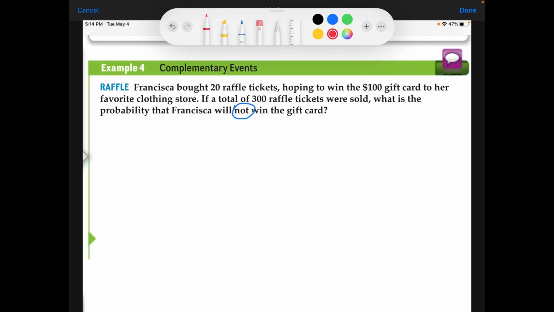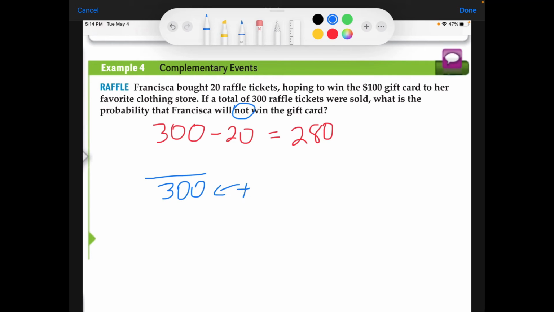So what I would do here, I would go 300, subtract 20 from that, and that's going to give me 280. Well, that means that out of the total, so now I'm going to come to my fraction. I always put the total at the bottom, right? Total tickets. How many did she not buy?